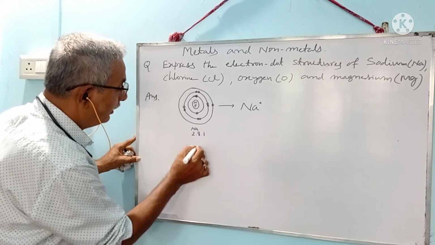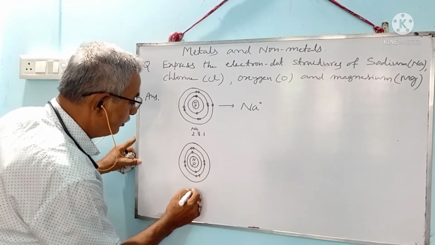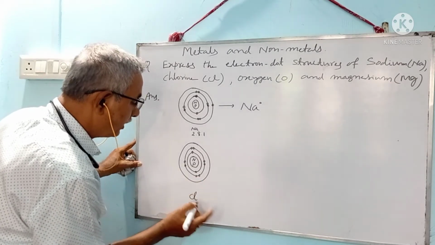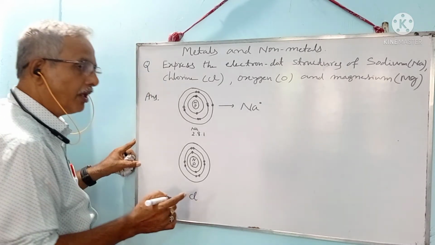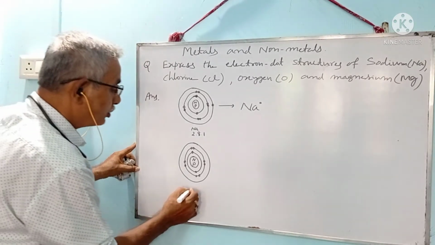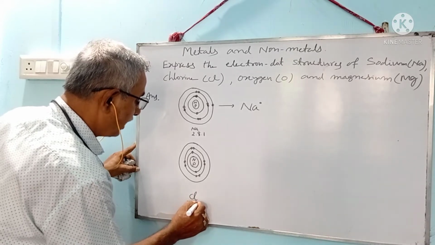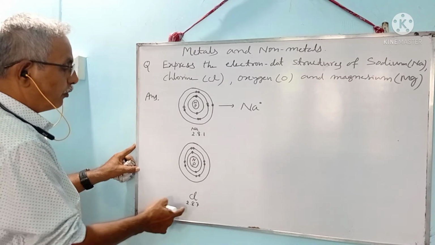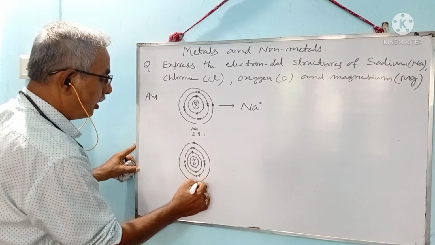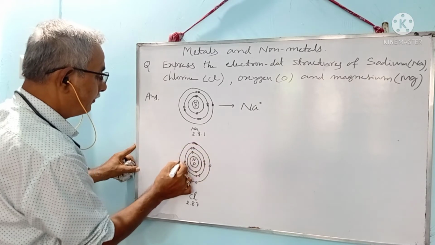You know that in the third orbit or third cell, how many electrons will be there? Here you see, chlorine has atomic number 17, so the electronic configuration will be 2, 8 and 7. These 7 electrons will go where? In the last orbit. Here you see, firstly you write 1 electron around.